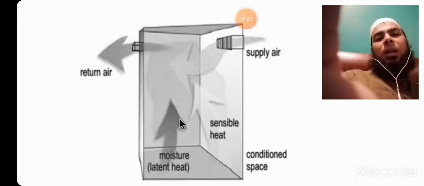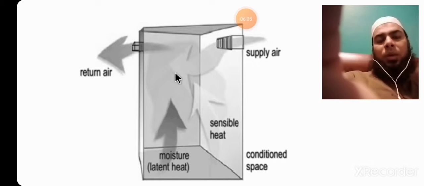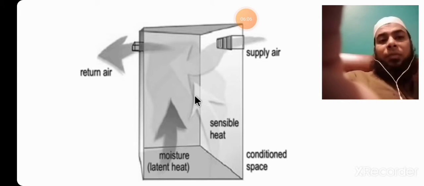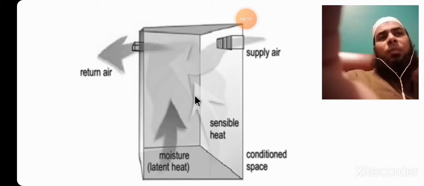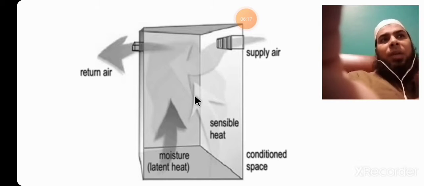Due to the sweat, water evaporates in the air, so the air becomes very humid. You see this especially in the masjid, when lots of people fill up a single space, we have a suffocation problem due to the humidity produced by the people. And the second one is temperature.